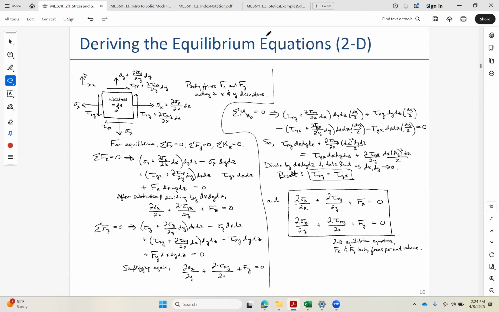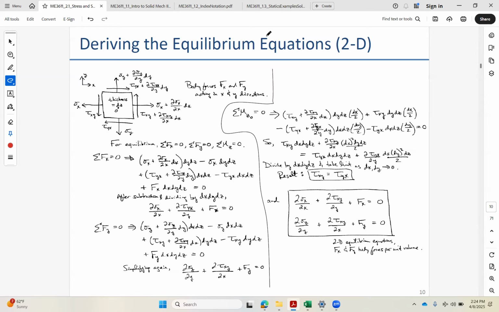And what we get is partial sigma xx, the normal x stress with x, plus partial tau yx with y, plus body force in x per volume equals 0. All right. So this is what's required. This is how the stresses can change, and we're still having this box in balance, not flying off to one side or the other. We can do the same thing and sum up the y forces.